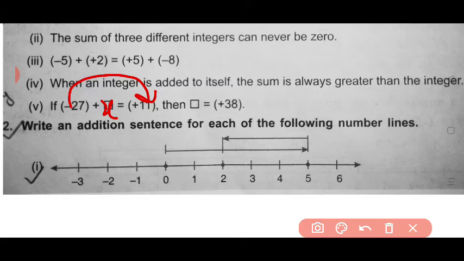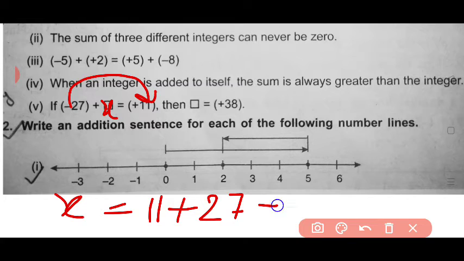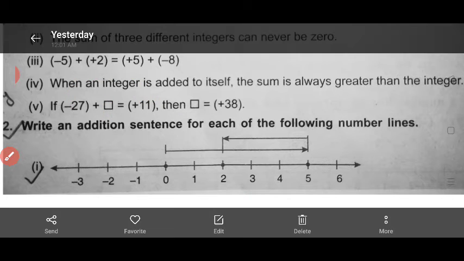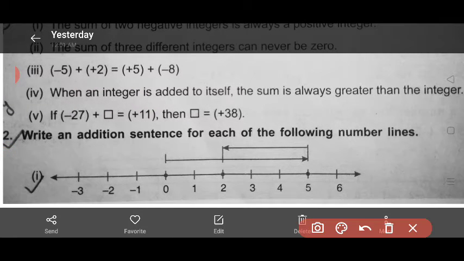In that case we do x is equal to 11 plus 27, which is 38. That means the space is 38, and here is 38. That means they are equal, and hence it is true.